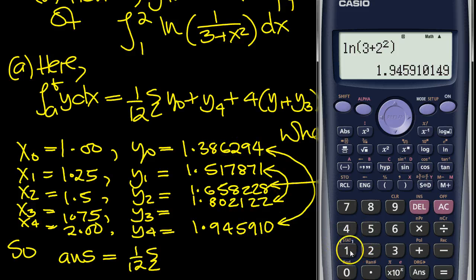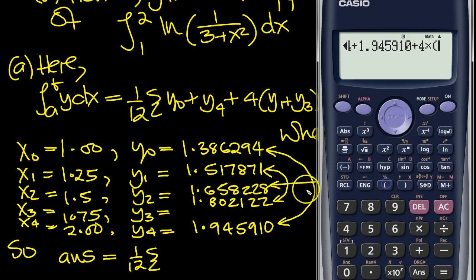We've got the first and the last, 1.386294 plus 1.945910, plus 4 times these two, 1.517871 plus 1.802122, and then plus 2 times this sole number here, 1.658228.